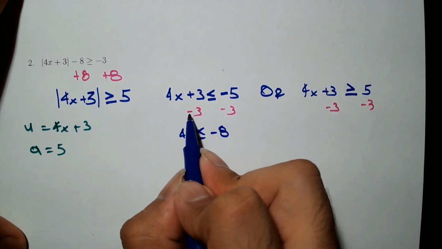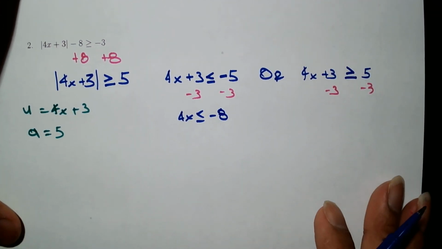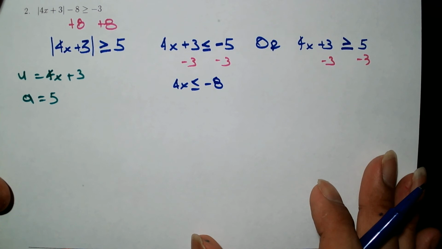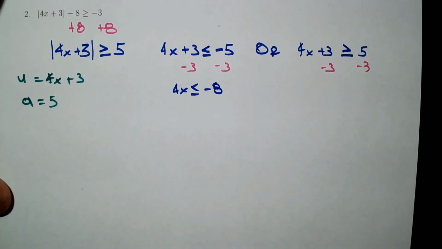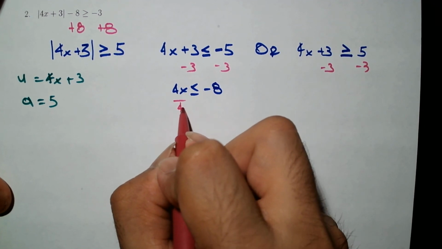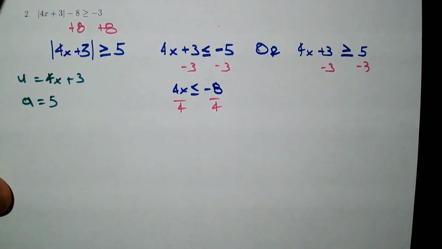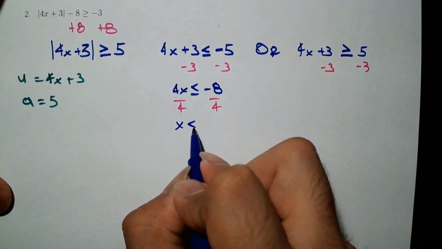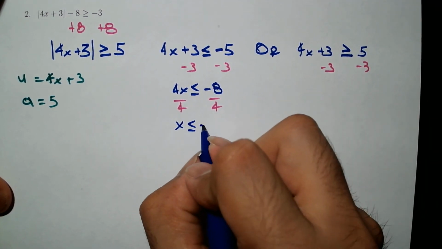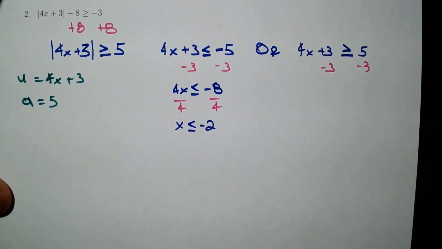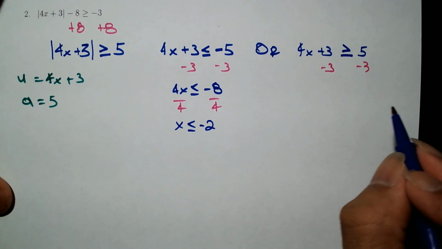In this case, we are subtracting, not multiplying or dividing. So that's why we still keep the same sense of the inequality. And finally, we divide both sides by 4. x less than or equal to negative 8 over 4, that's negative 2. So that's the first inequality.